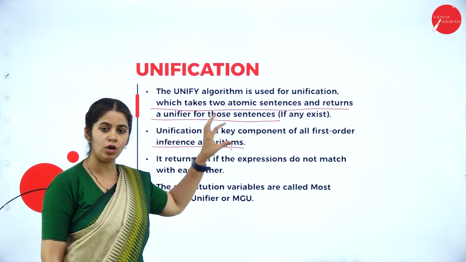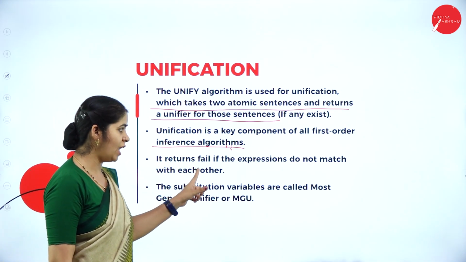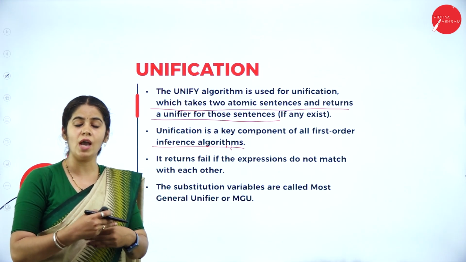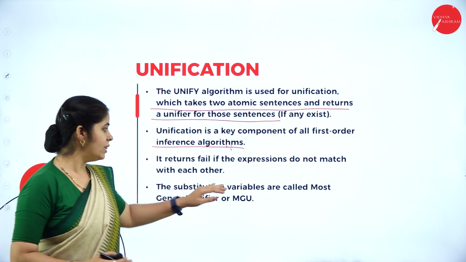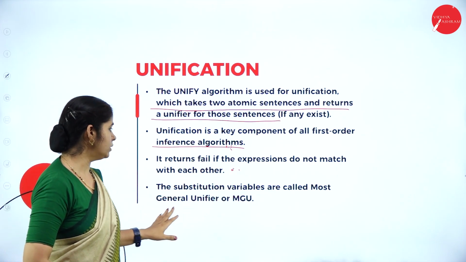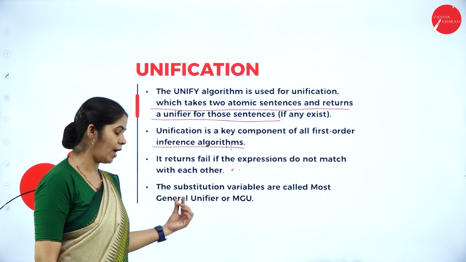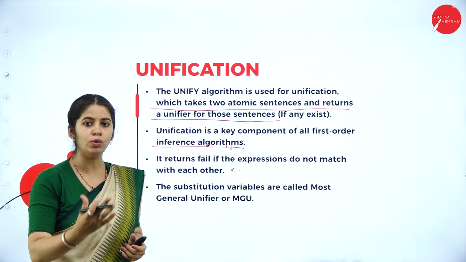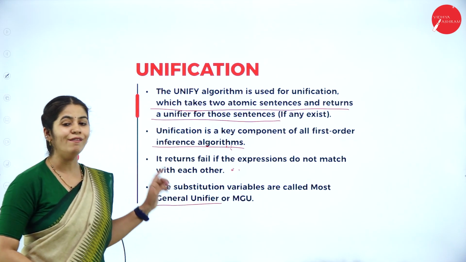It returns fail if the expressions do not match each other. If we are not able to substitute and make them identical, then it will return fail. The substitution is called the most general unifier. The variable or literal that we are substituting is called the most general unifier.